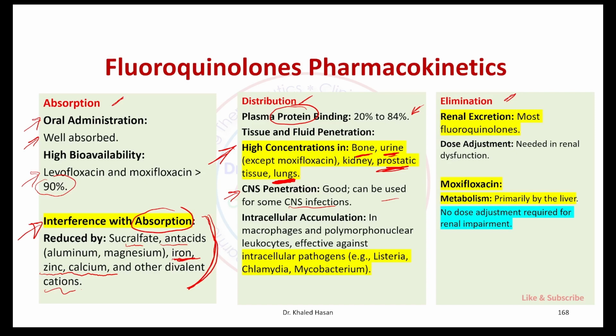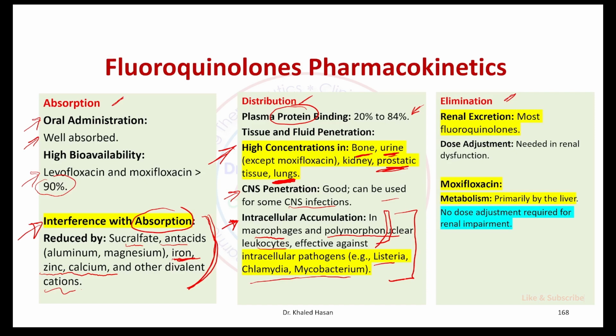Okay. Another important characteristic of the fluoroquinolones is intracellular accumulation. Fluoroquinolones accumulate inside cells such as macrophages, white blood cells, and polymorphonuclear leukocytes, and therefore we use them for infections such as chlamydia, listeria, and mycobacterium.